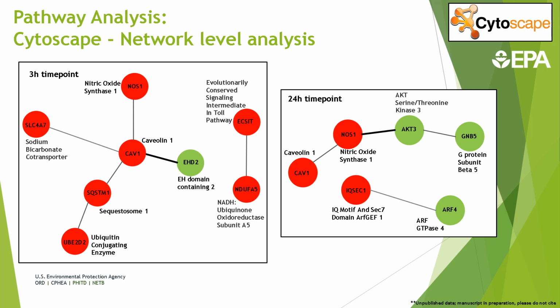We observed several molecules at both time points involved in neurological diseases and neurotoxicity. Also, these molecules are implicated in effects in trafficking and degradation, as well as impacts on cellular signaling. In general, we can understand further how these molecules are interconnected, but really additional studies are needed to explore how these connections then fit within our adverse outcome pathway.